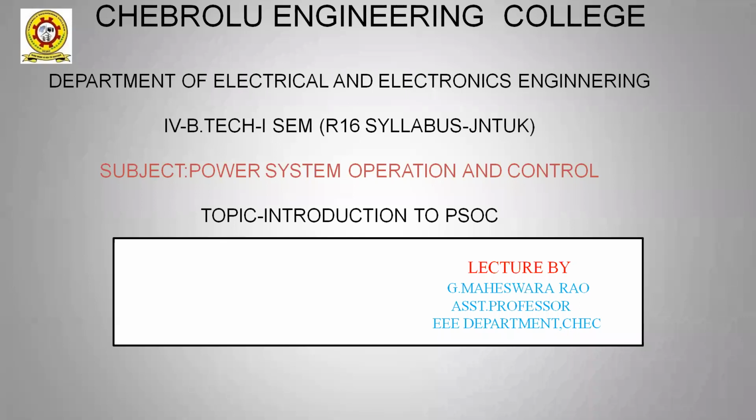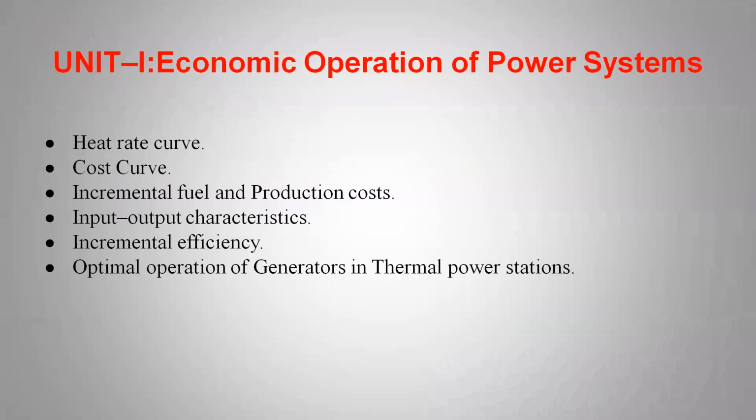Today we are discussing the topics: input output characteristics, incremental fuel cost and production cost, cost curve and heat rate curve, incremental efficiency, and optimal operation of generators in thermal power stations.